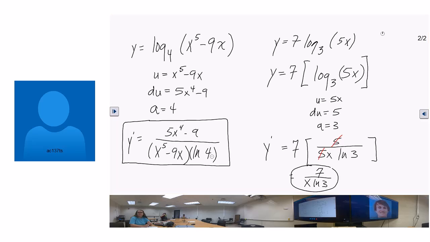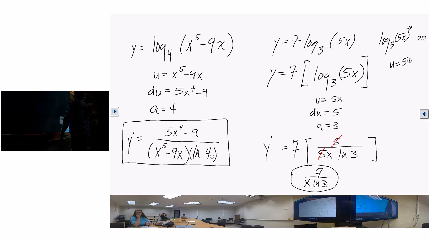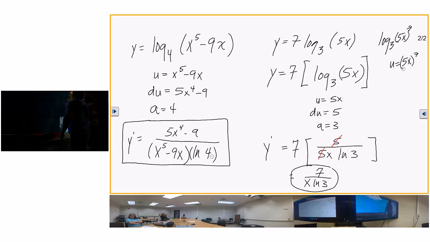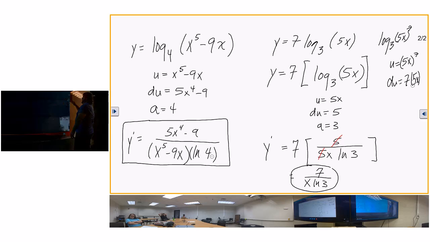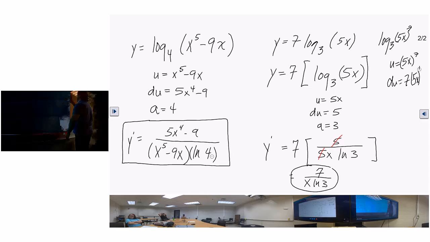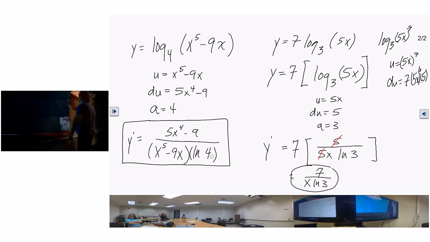You get log base 3 of 5x to the 7th, and then you would say, okay, u is equal to 5x to the 7th, and du would be what? 7 times what? Times 5x to the what? To the 6th power, 5x to the 6th, and then what's the derivative of 5x? 5.